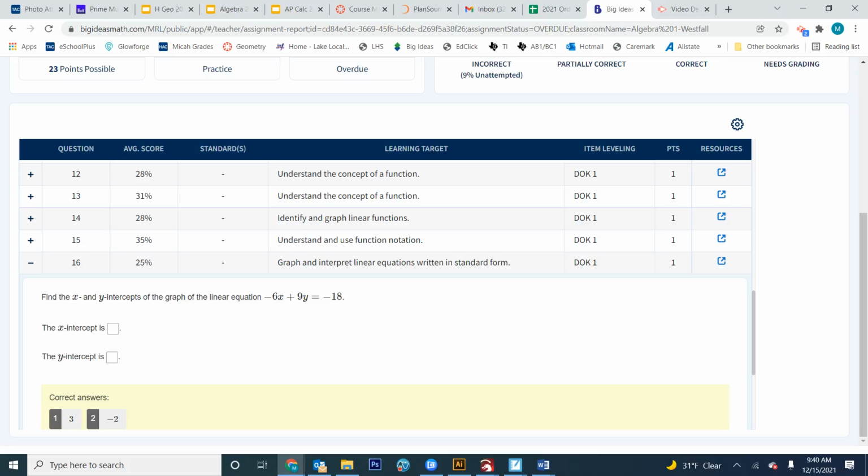What's the value of y? We put 0 in for y. Okay? That cancels that out. I am left with this. What do I do now, Liv? Divide by negative 6.